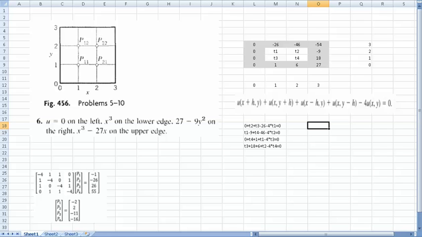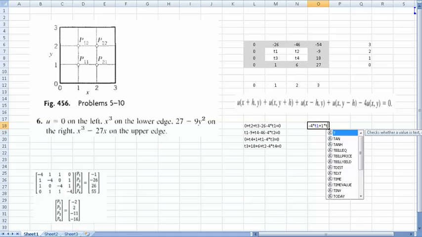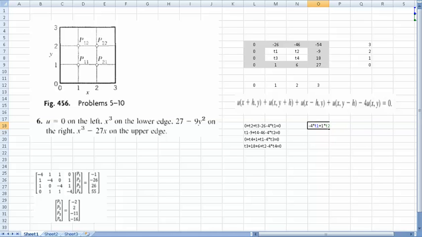It's going to be a minus 4 times T1, then plus 1 times T2, plus 1 times T3, plus 0 times T4 equals a positive 26.